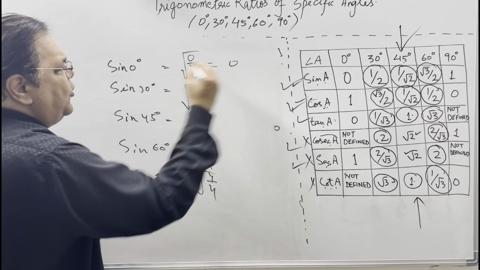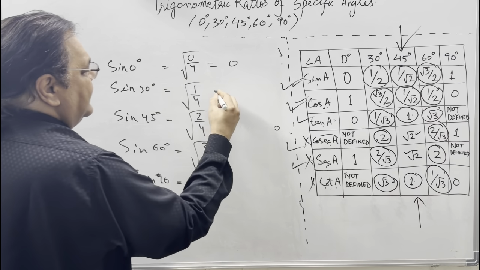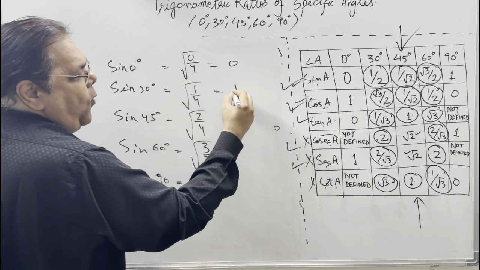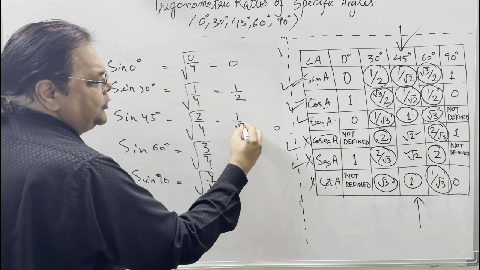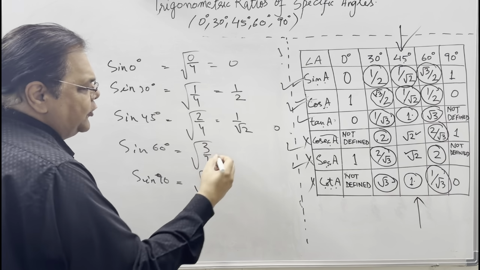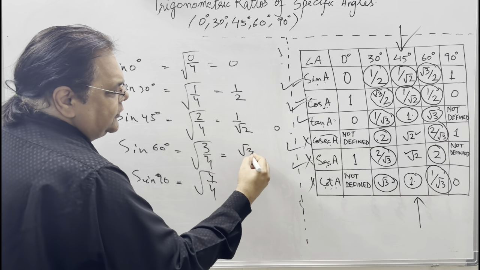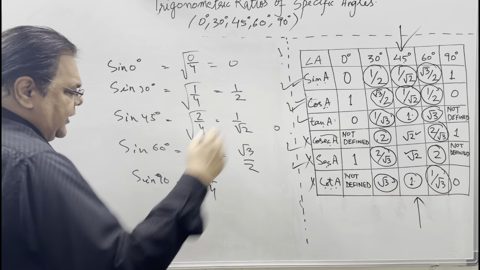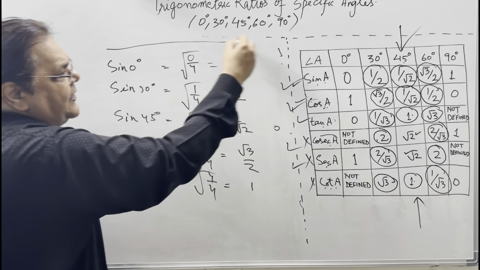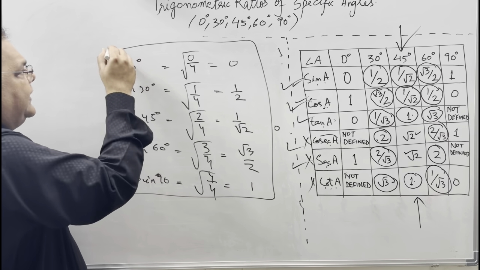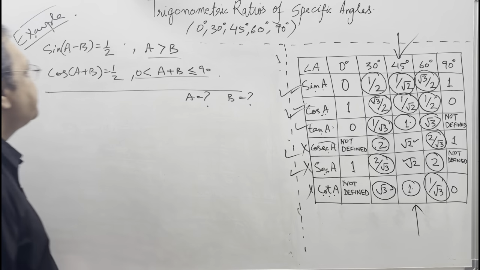You get 0, sine 0 is 0. This is 1 by 2, sine 30 is half. This is 1 by root 2, sine 45 is 1 by root 2. And this is root 3 by 2, sine 60 is root 3 by 2. And sine 90 is 1. You can remember this small trick for examination purposes.